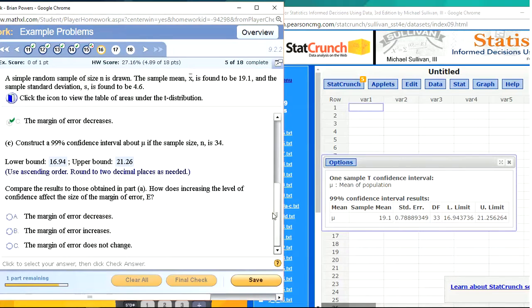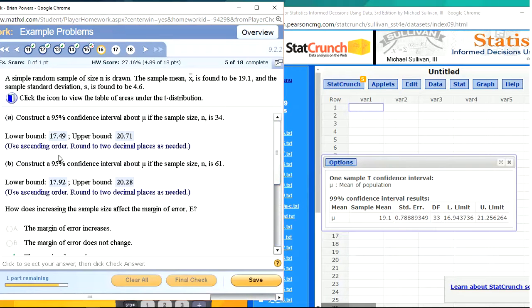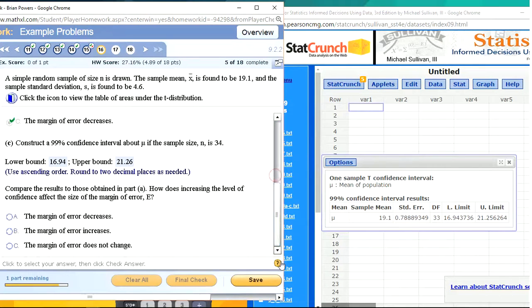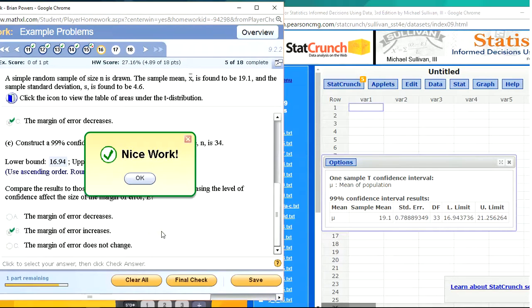So compared to part A, where we had 17.49 to 20.71, the lower bound decreased, the upper bound increased. When we increase the confidence level, the margin of error increases.